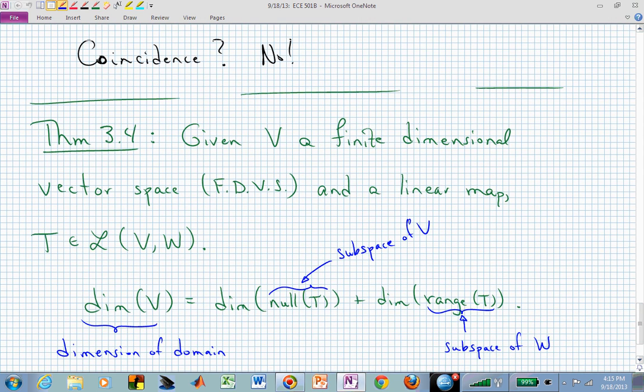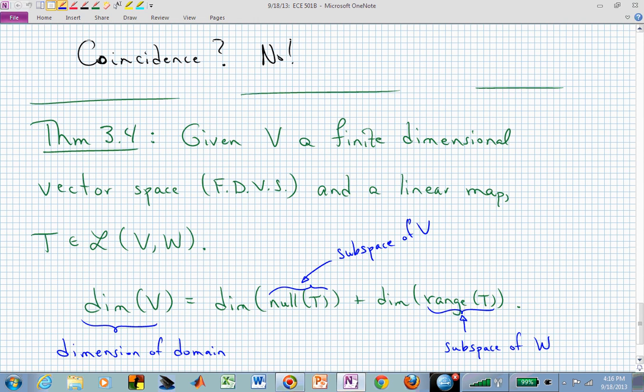And that's where we stopped last time. We stopped with this theorem, theorem 3.4, so we're not very far into chapter 3. We need to move along. But in chapter 3, if we have a finite dimensional domain, so an FDVS, that's kind of cute, isn't it?